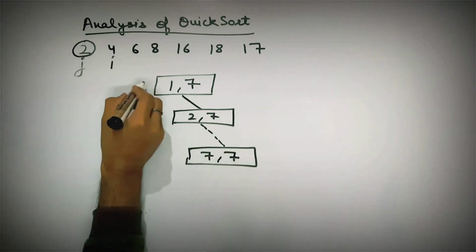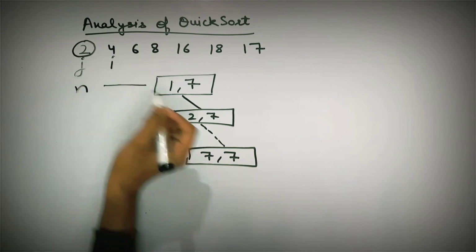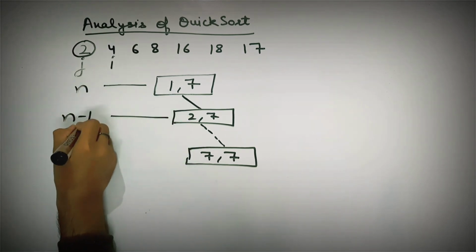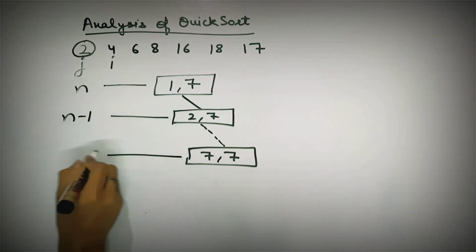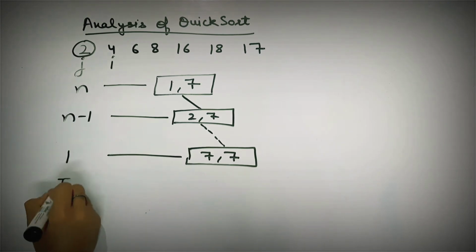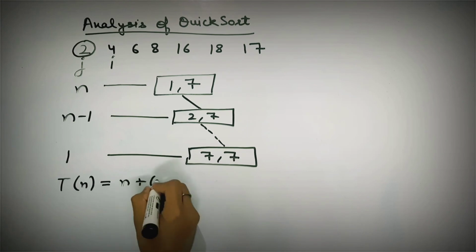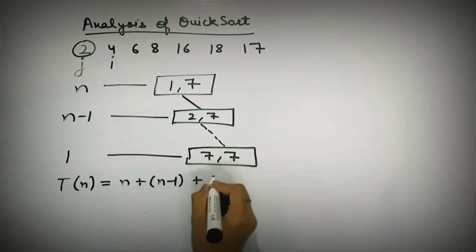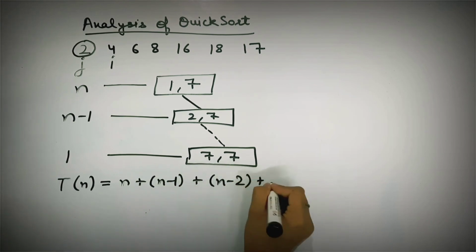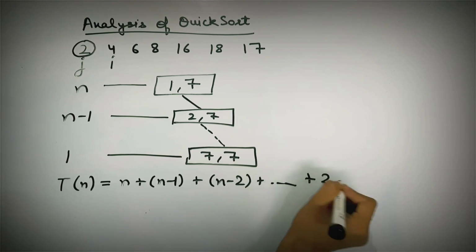So the time taken for this is n. For this will be n minus 1 and up till 1. So t of n equal to n plus n minus 1 plus n minus 2 plus until plus 2 plus 1.